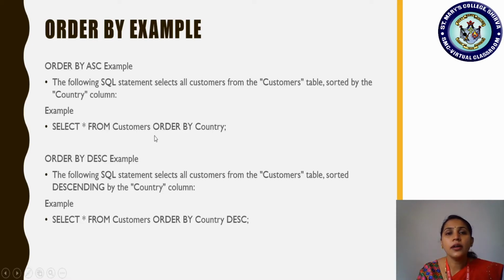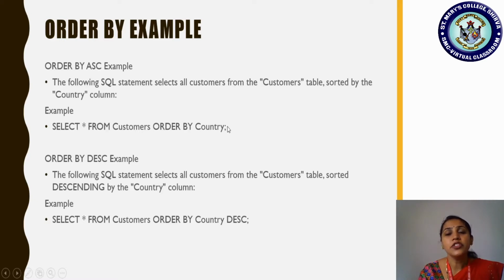Then you are applying the sorting part, so that is why we are using which one? The order by keyword. And following order by, see, order by is a separate term, it is not a single term. You should tell for which attribute you want to apply the sorting, and here you are telling it as what? Country. Following that attribute name or column name, you didn't mention either ascending or descending, right?